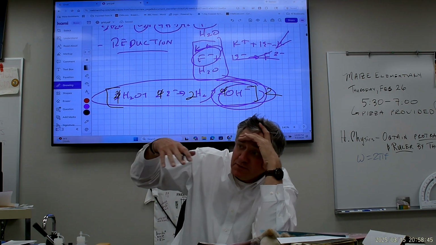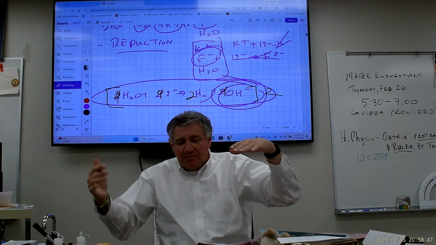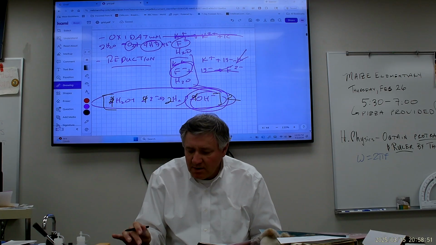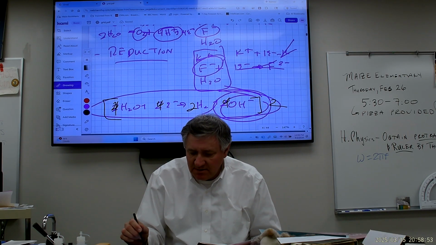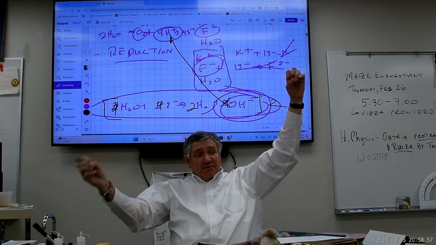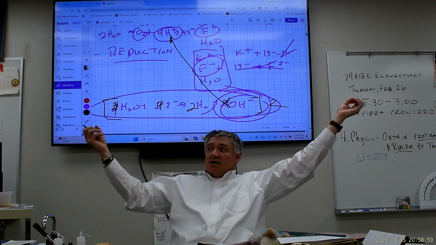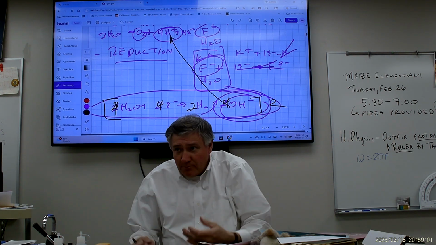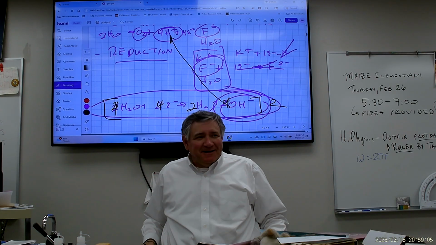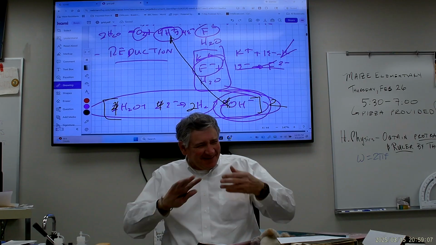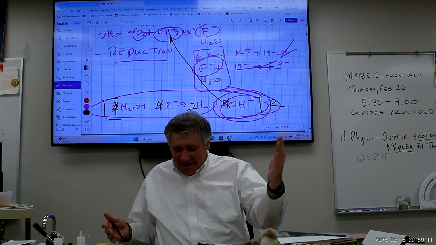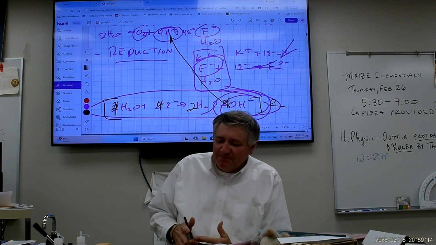Now, when you go through this whole rigmarole, you combine your hydroxides here with those 4 hydroniums. When you combine hydroniums and hydroxides, what do you get? You make more water. Oh, great, we're going to make more water.